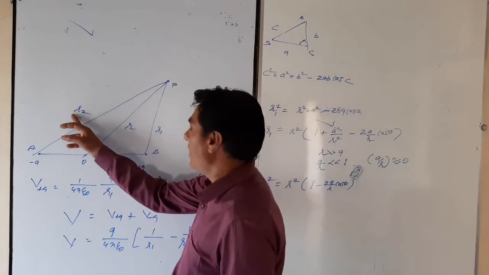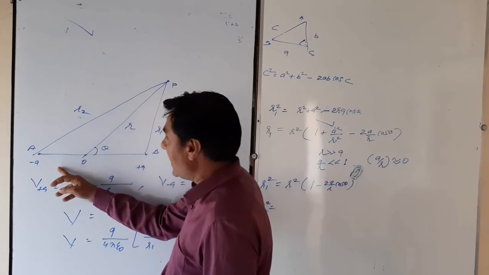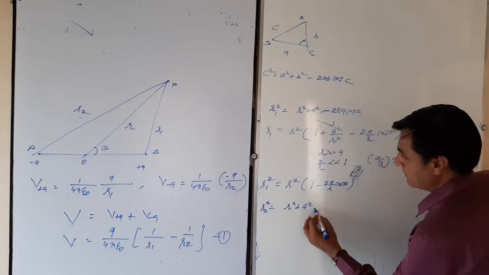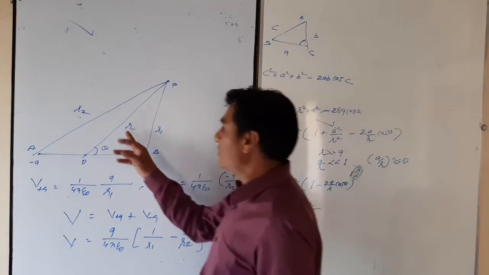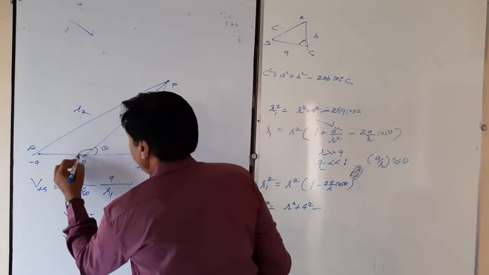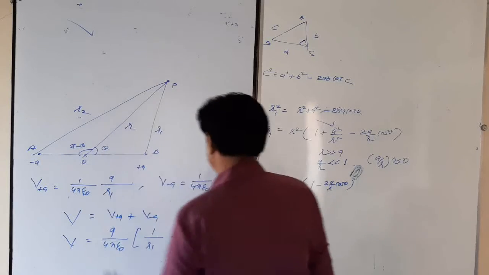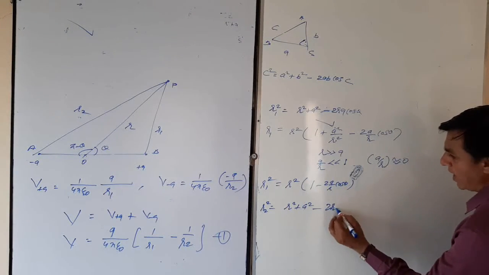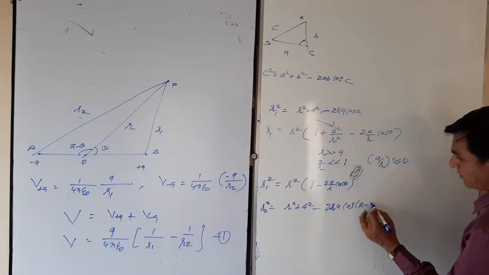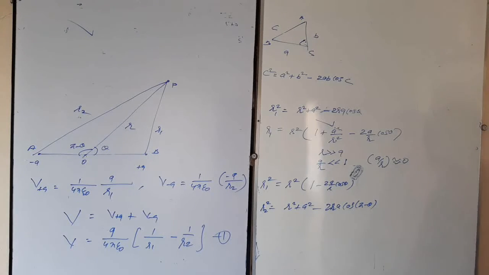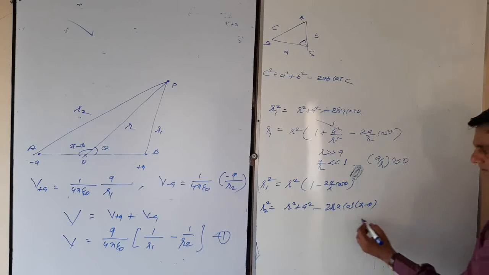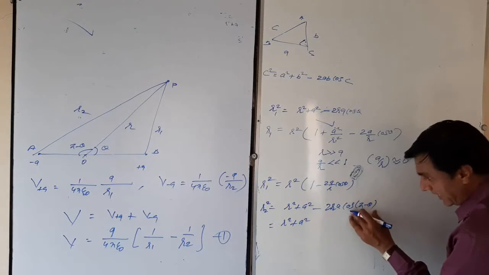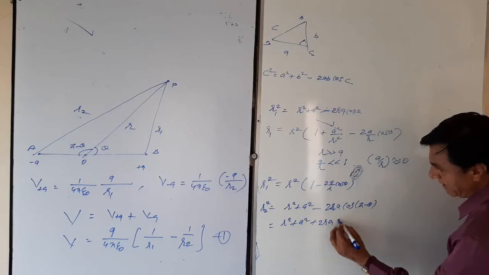Similarly, R2 square is r square plus a square minus 2ra cos of the angle, which is pi minus theta. Cos pi minus theta is minus cos theta, and that minus becomes plus 2ra cos theta.